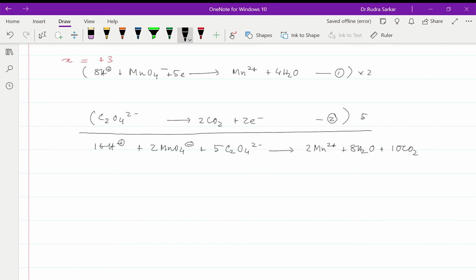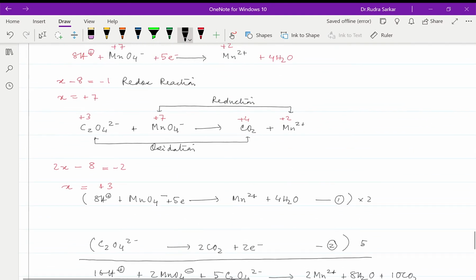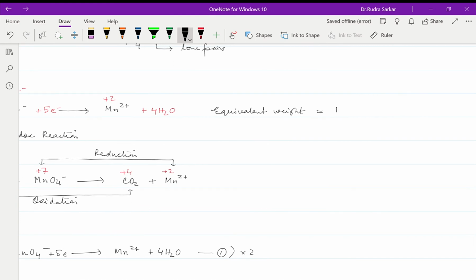Now, suppose we were asked to calculate in the above equation what is the equivalent weight, then we will say equivalent weight will be the molecular weight of, if they are giving iron, then use the iron, or if they are giving the chemical substance, that is KMnO4, then use KMnO4.